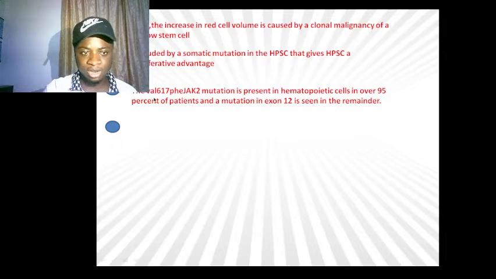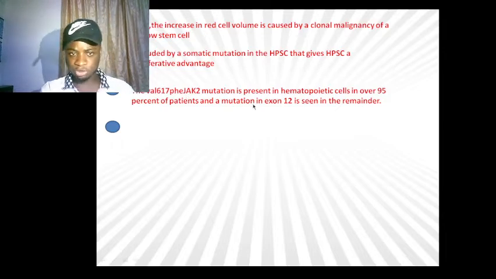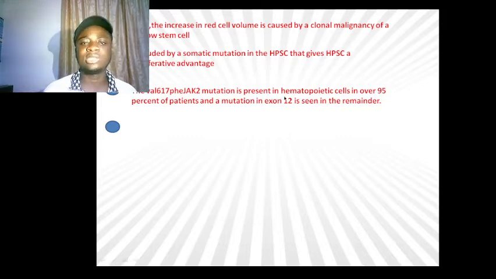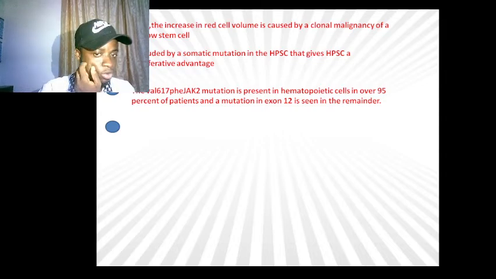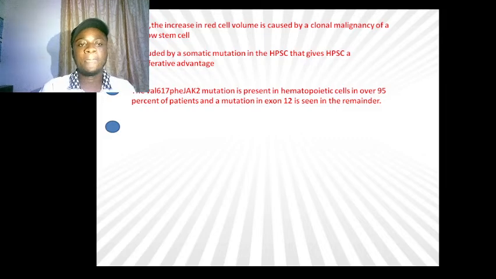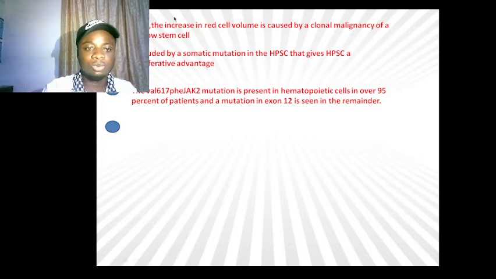The valine 617 phenylalanine JAK2 mutation is present in hematopoietic cells in over 95% of patients, and the remainder is a mutation in exon 12. Very important. So always remember that in Polycythemia Vera there is a JAK2 mutation.